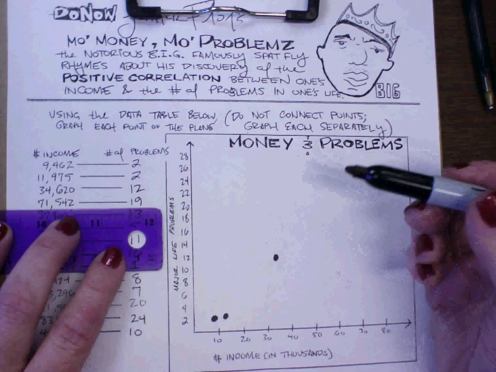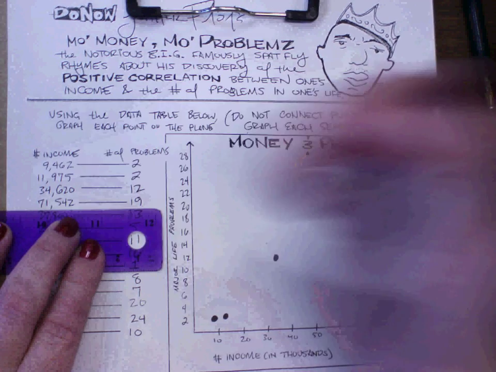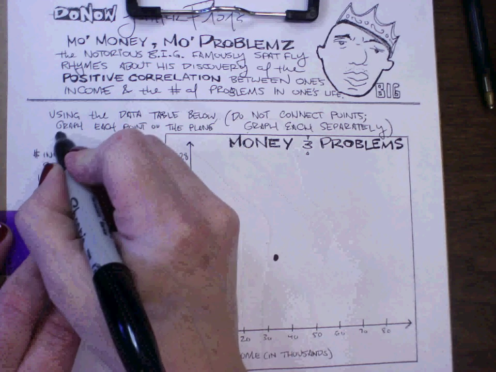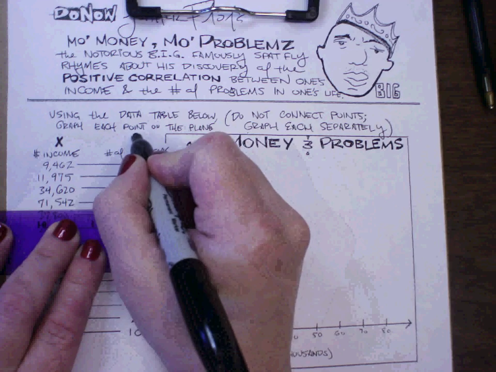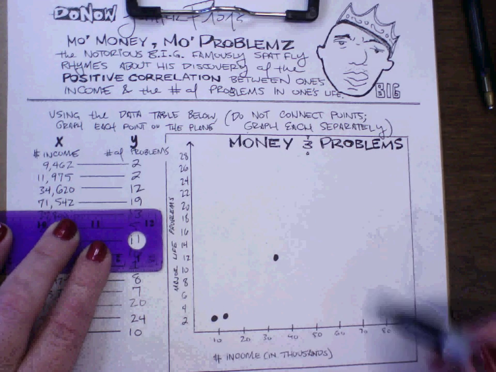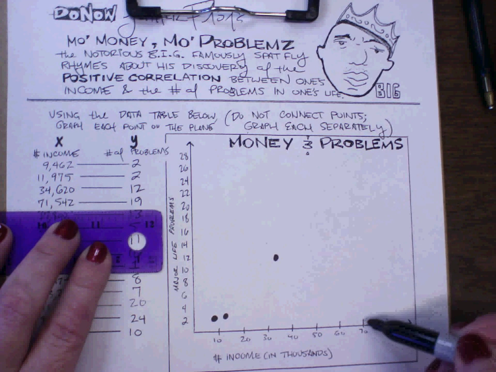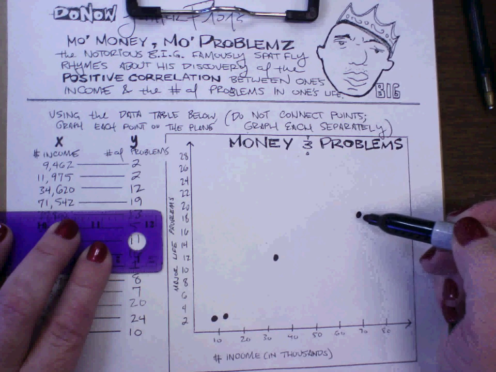For 34. Am I doing this right? All right, yeah, 71, 19, because this is your X and that's your Y. You got to be careful. This is your X and that's your Y.